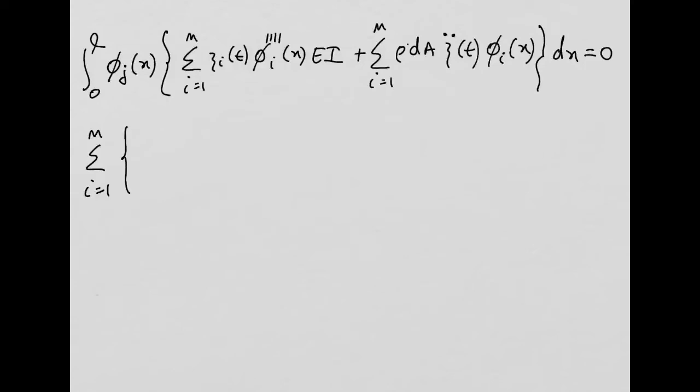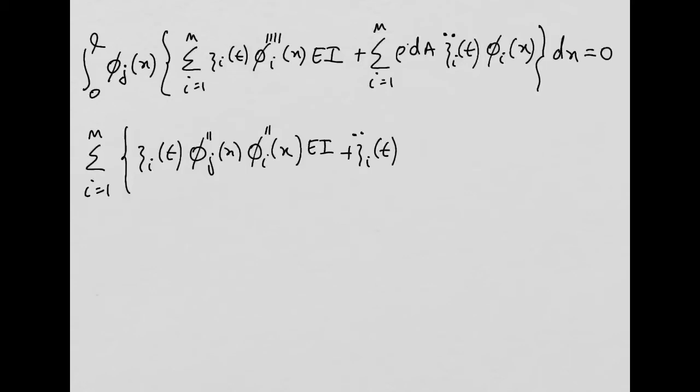You will get the function phi, and then once you integrate by parts, you will get this j second derivative and phi i second derivative as well after integrating by parts. Okay? And you will get then here your second derivative, that I was missing there. And of course there's one more thing missing here, which is the integral.